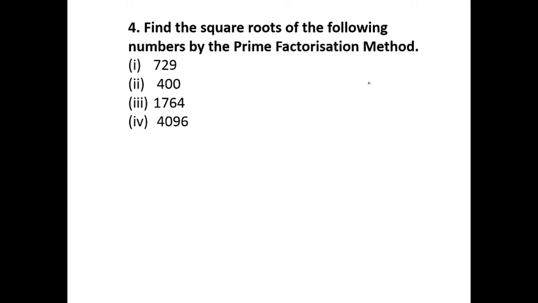Now 1764. Again start from 2. So 8 twos are 16, again 8 twos are 16, 2 twos, again 2, 4, 4, 1.